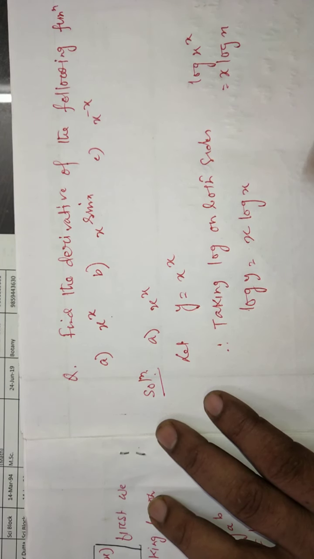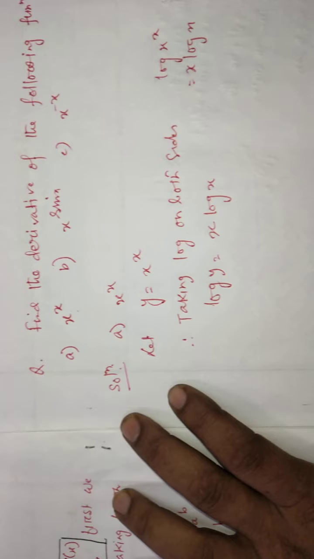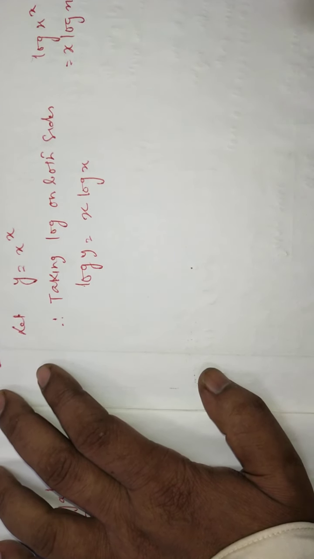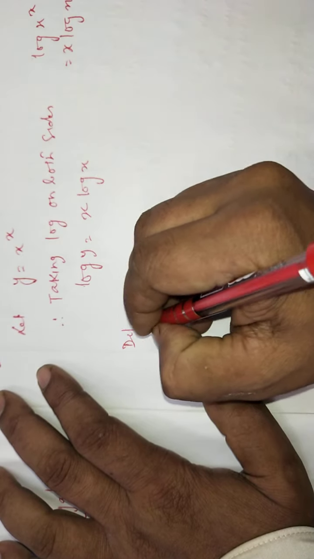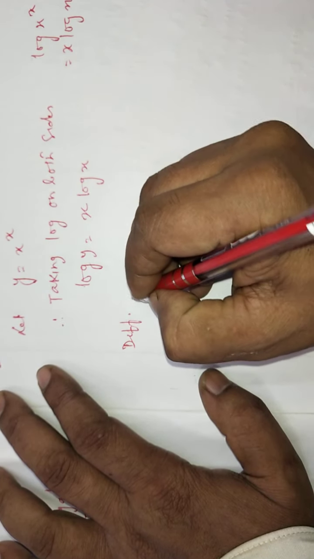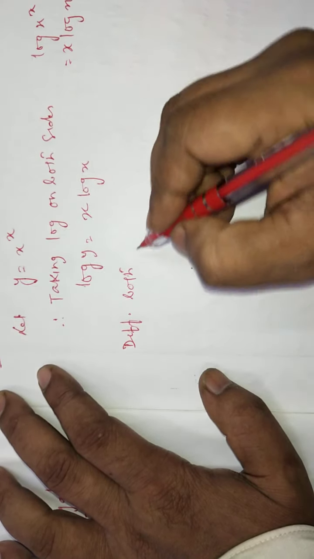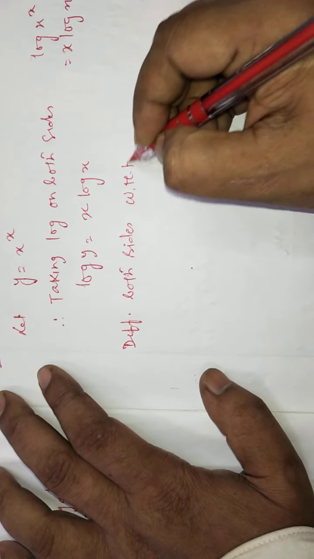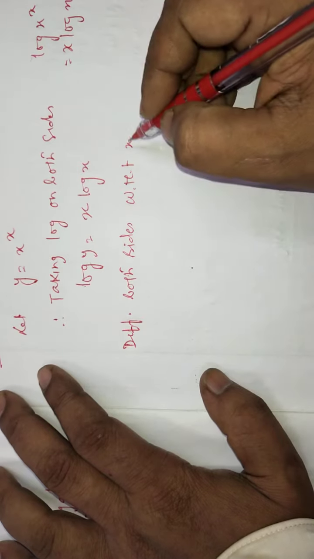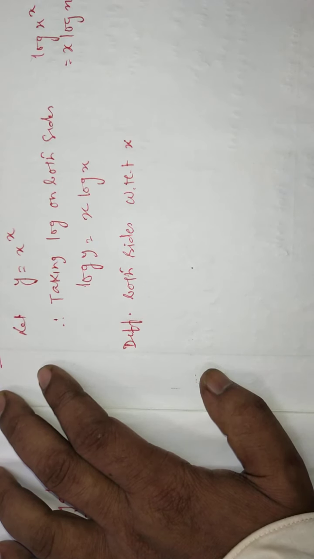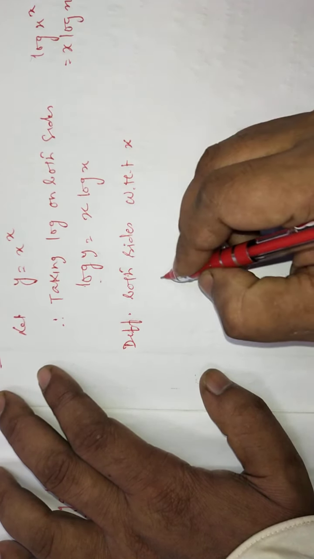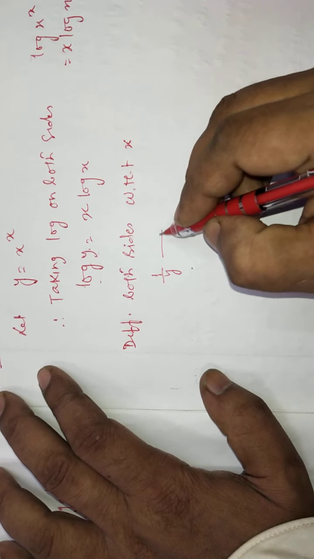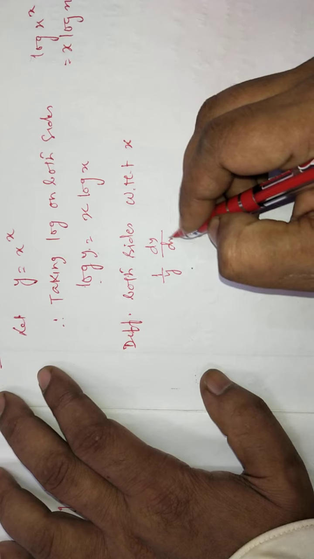Now after getting this step, what to do? You have to differentiate both sides with respect to x. When you differentiate this, d/dx of log y means first 1 by y, again derivative of y with respect to x means dy by dx.